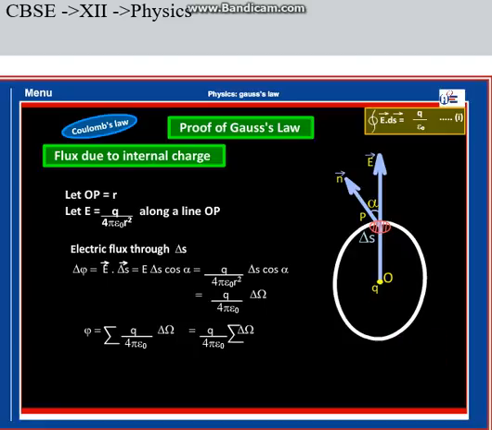Now we get the total flux of the electric field due to the internal charge Q through the closed surface as phi equal to Q upon 4 pi epsilon naught into 4 pi, which is equal to Q upon epsilon naught. Let this be equation 2.